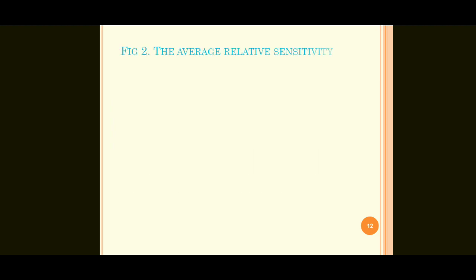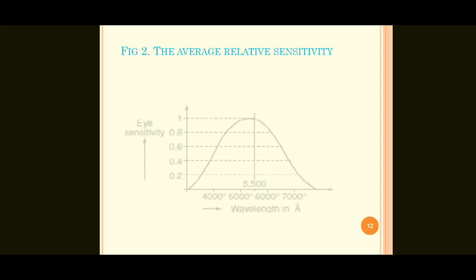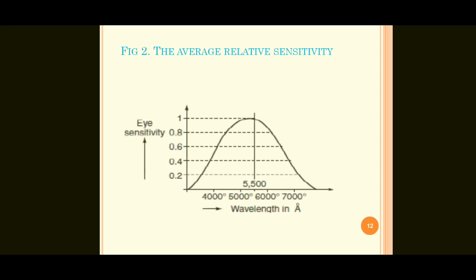Figure 2, the average relative sensitivity. The eye sensitivity is on the y-axis. X is the wavelength in angstrom units. It varies from 4000 to 7000, and the y-axis varies from 0.2 to 1.